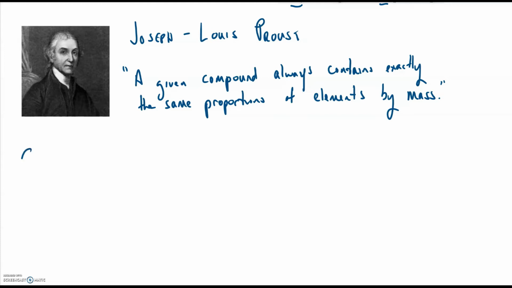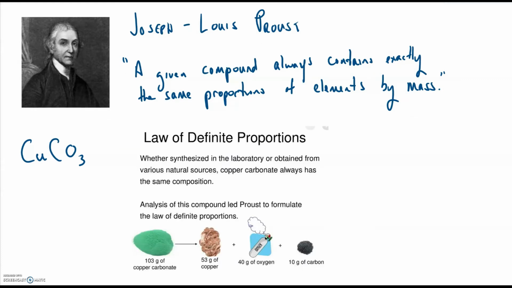He noticed that this compound, also known as copper 2 carbonate, was always 5.3 parts copper to 4 parts of oxygen to 1 part carbon. That looks like this.